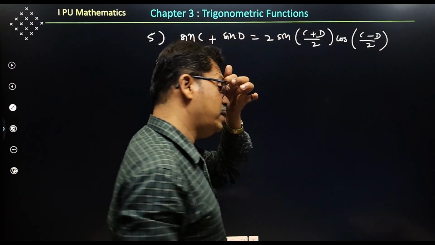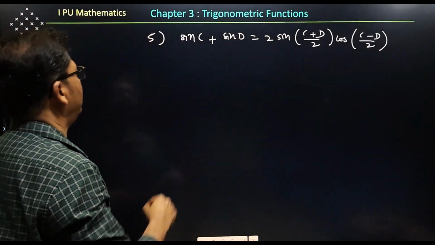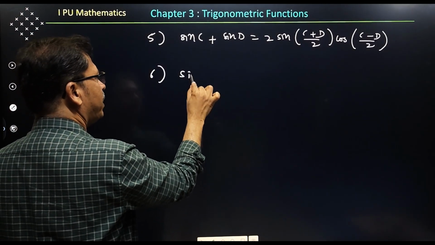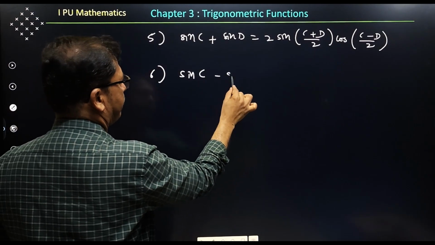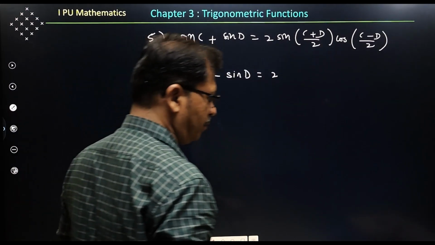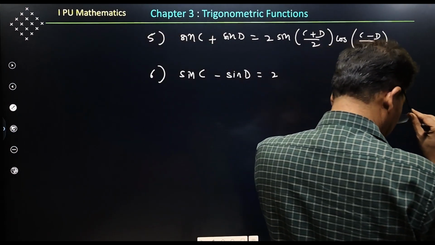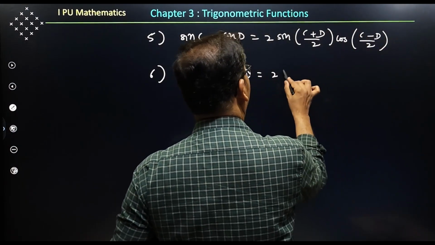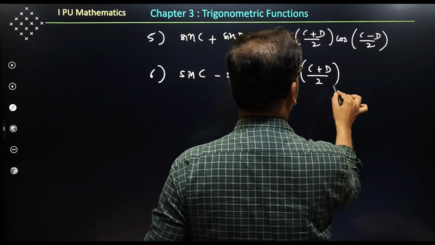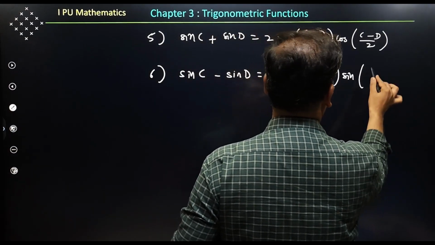Next, sin c minus sin d equal to 2 cos into sin: 2 cos of c plus d divided by 2 into sin of c minus d divided by 2.